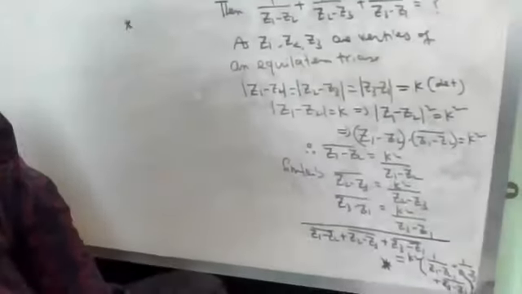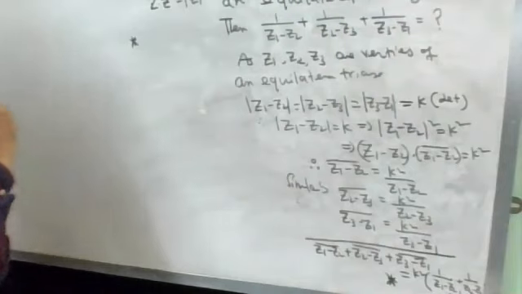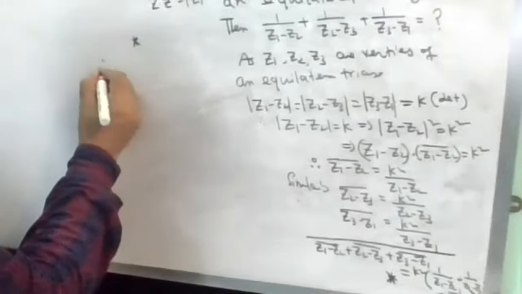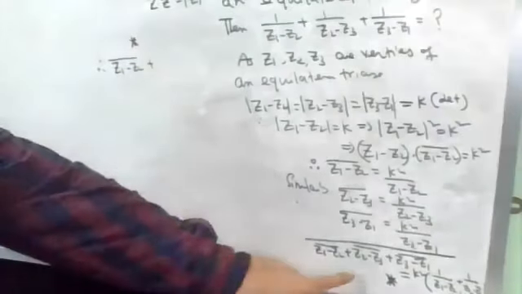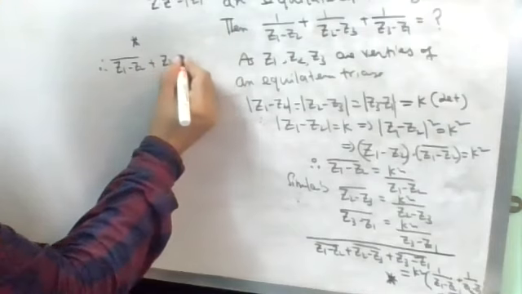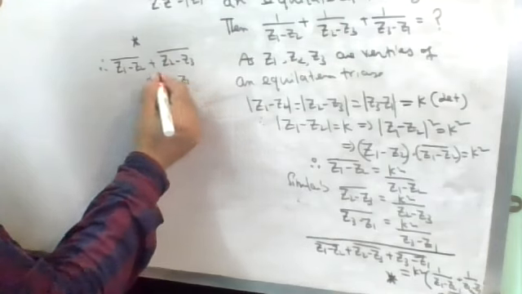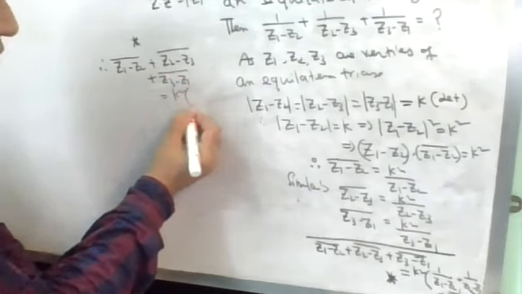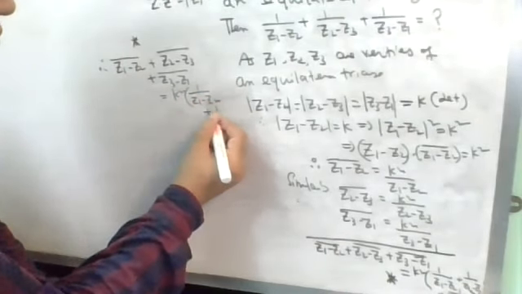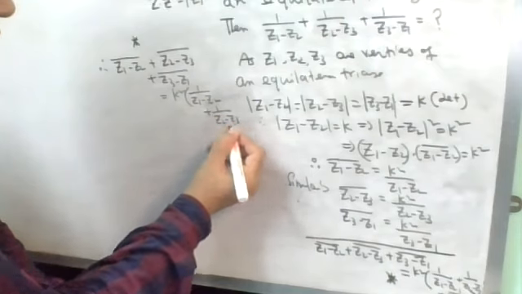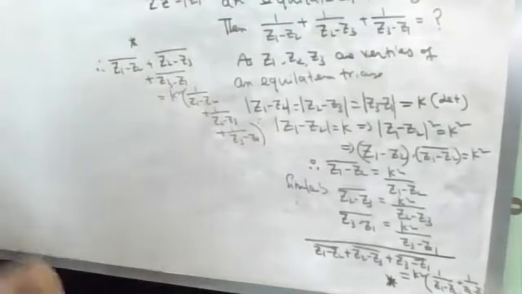So from this result, what can I get? Therefore, (Z1 minus Z2) whole bar, (Z2 minus Z3) whole bar plus (Z3 minus Z1) whole bar equals k square into 1 by Z1 minus Z2 plus 1 by Z2 minus Z3 plus 1 by Z3 minus Z1.